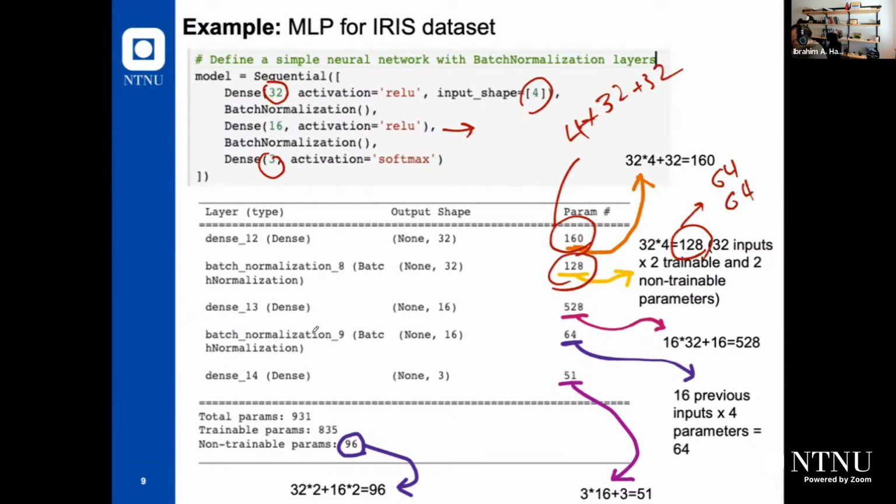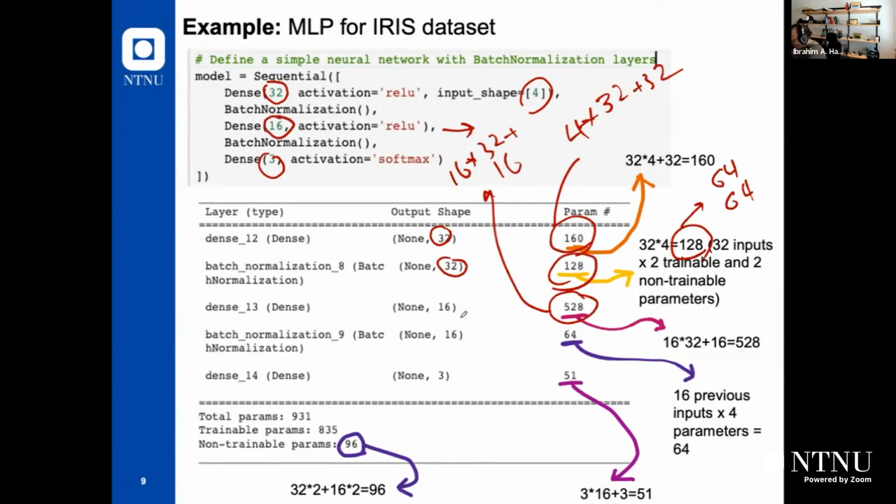The second dense layer: when we do batch normalization, the output shape will be the same, just batch normalized. So the input shape will be 32, and the output shape will be 32, but batch normalized. The number of parameters of this layer, with 16 units, will be 16 times 32 plus 16, right, to get this number. This layer is followed by batch normalization.